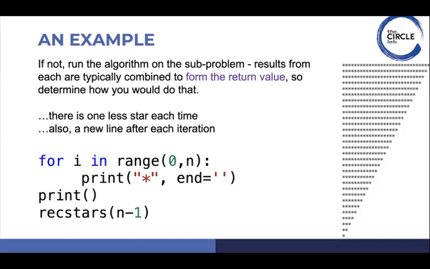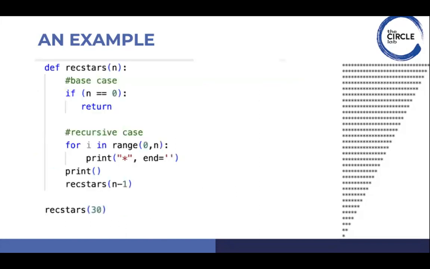So I'm passing n minus 1, and it seemed like it would work with just that, but then you notice that every recursive call starts on a new line. And so I'm adding an empty print statement so that every time the function is called, it goes to a new line.